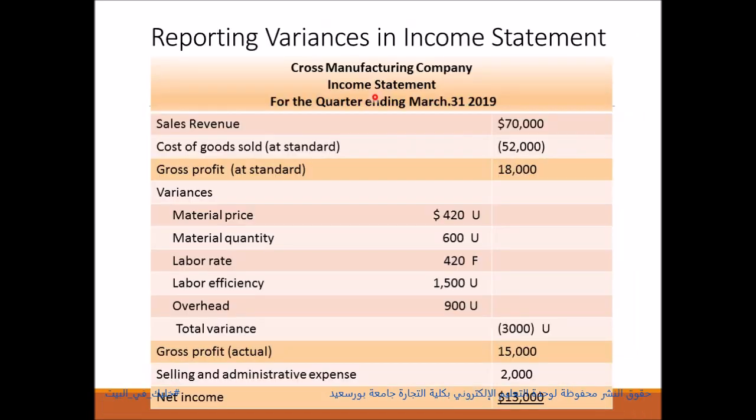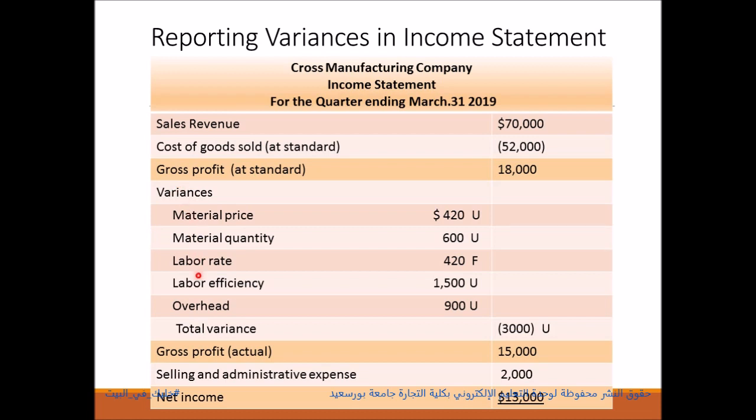This is the income statement prepared for management under the standard cost accounting system. Cost of goods sold is stated at standard cost, as mentioned previously. By subtracting cost of goods sold from sales revenue, we can obtain standard gross profit.